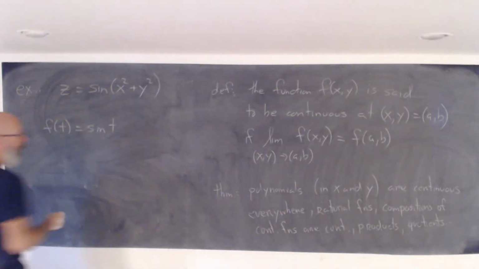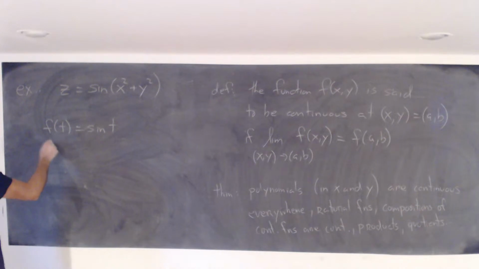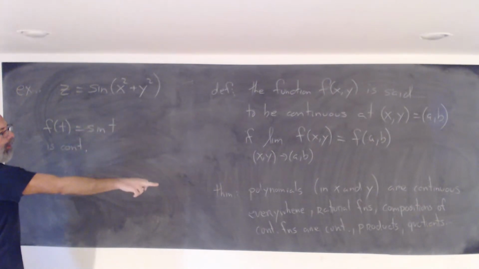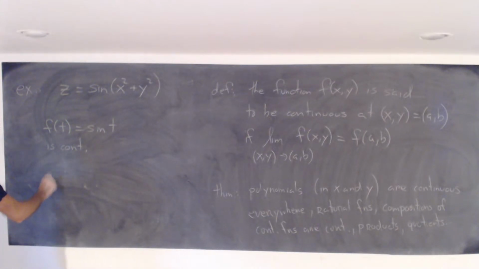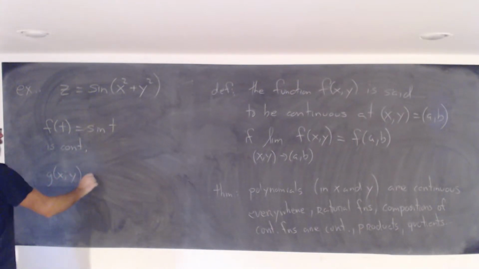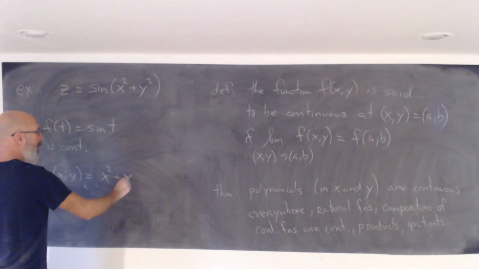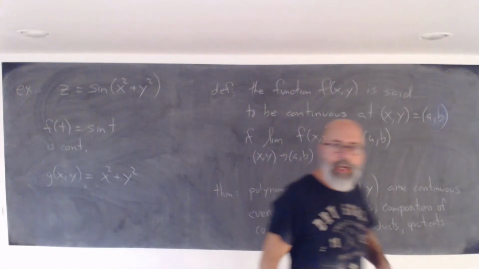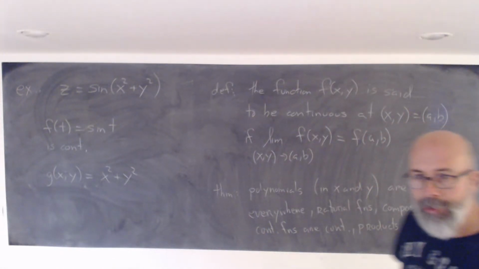You can draw that without lifting the pencil from the paper. Here, g of (x, y), which is x squared plus y squared, is a polynomial in x and y. So that's continuous.